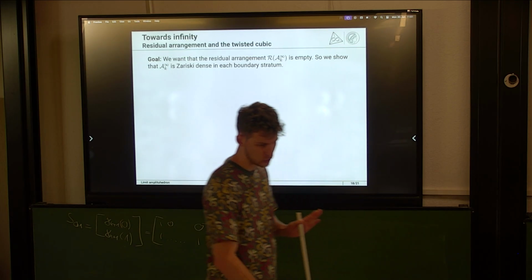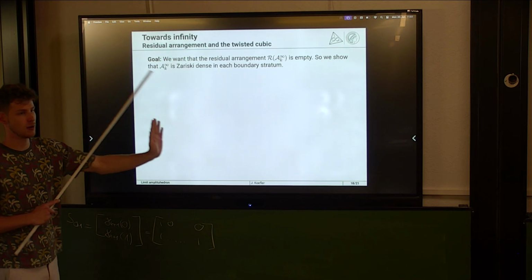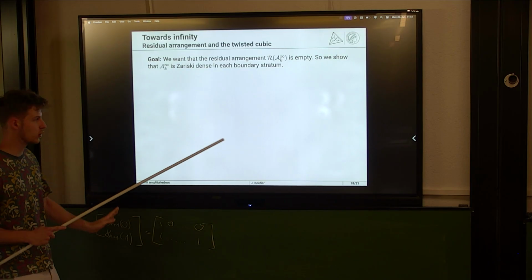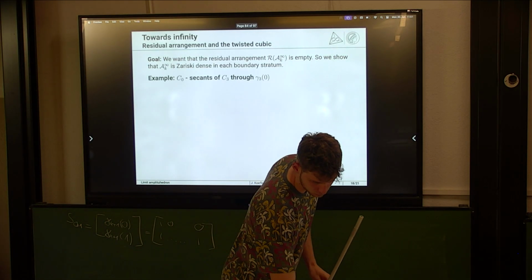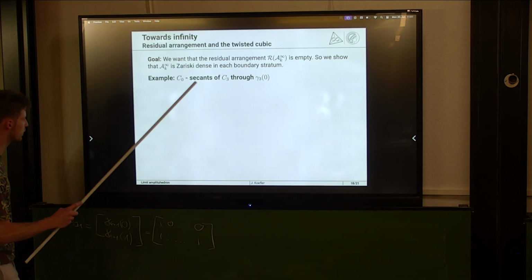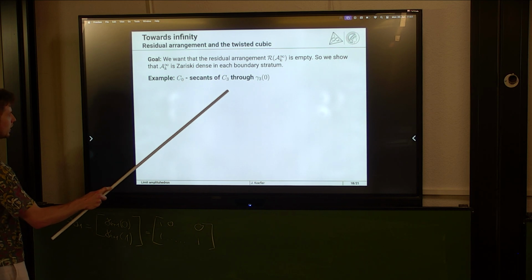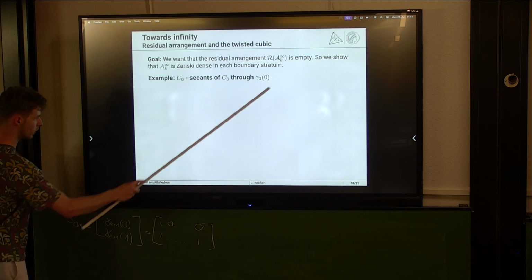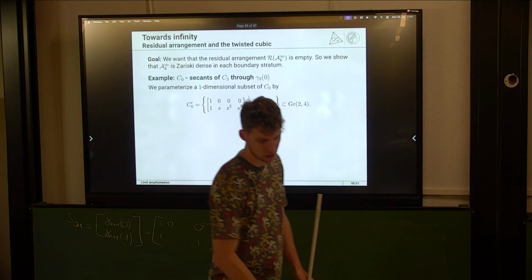What we really show is that for each of the strata I've shown you, we can parameterize points in the amplituhedron which make up a dense set in that stratum. Here's an example of that. This is one of the simplest ones: if you're interested in secants of the twisted cubic going through the 0 point, then you might look at the following set here, which is one-dimensional.